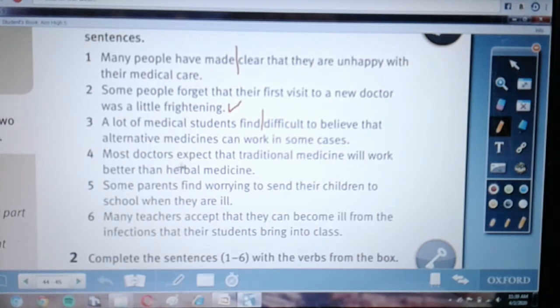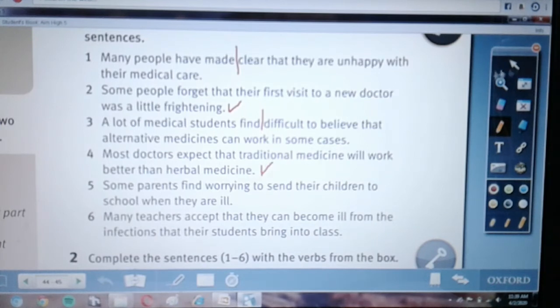Most doctors expect it that traditional medicine will work better than herbal medicine. Which one sounds natural? The first one or the second one? Yep, the first one. So, it isn't necessary to put it after the main verb expect. So, let's give this sentence a tick.